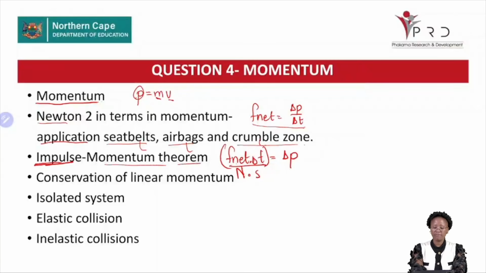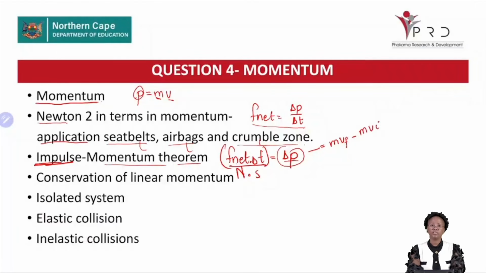Now, this F net delta T is the symbol for impulse, and impulse is equal to the change in momentum. And remember, change in momentum is equal to the final momentum of the object minus the initial momentum of the object.